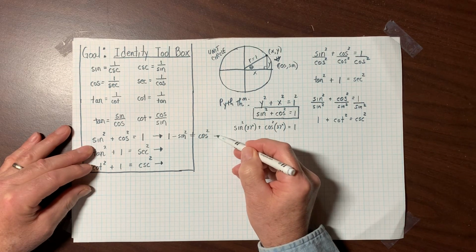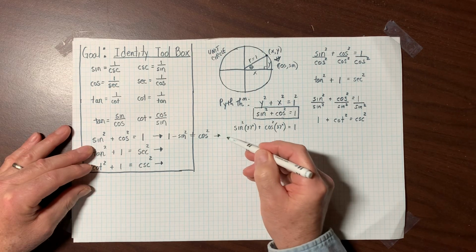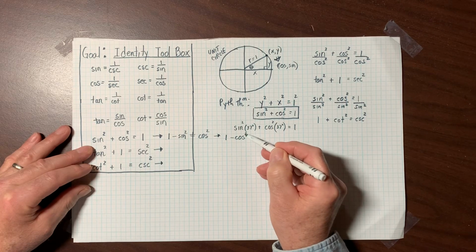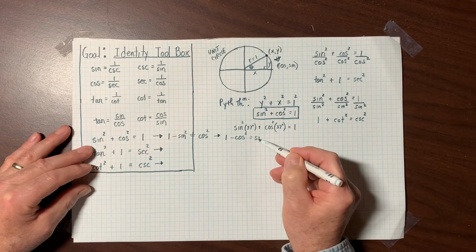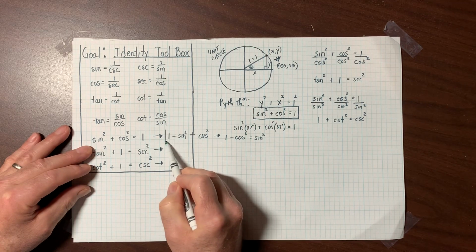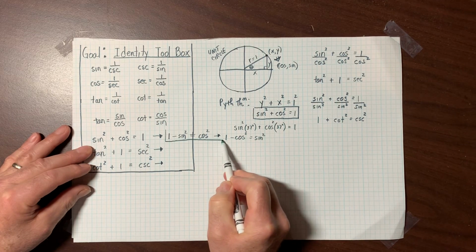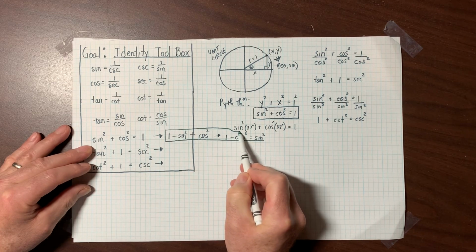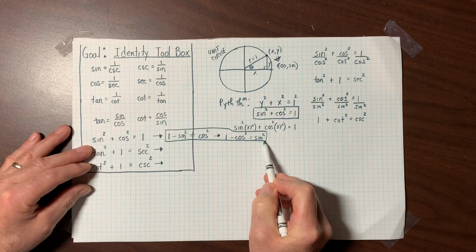We also know that 1 minus the cosine squared would be equal to the sine squared. So these are really different ways of writing that exact same relationship or equation.